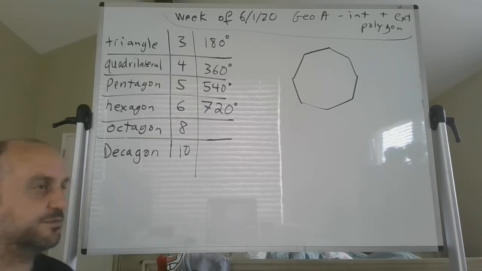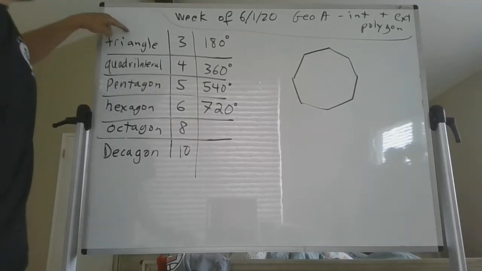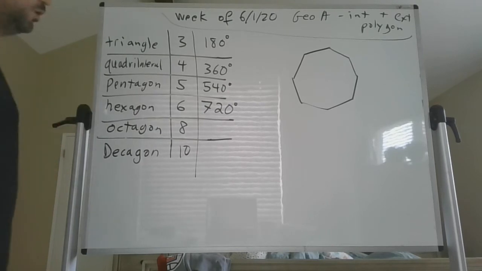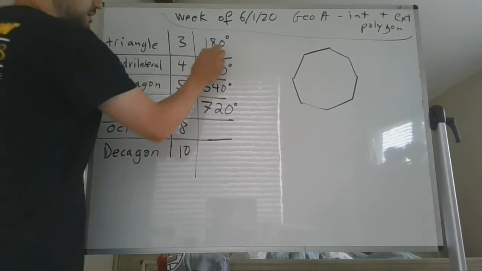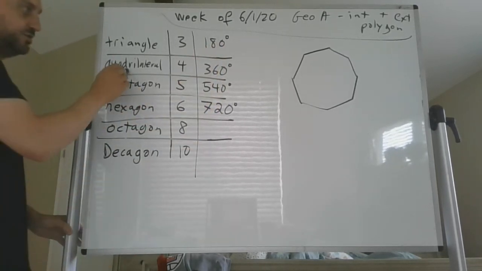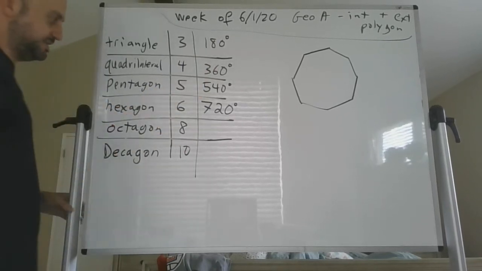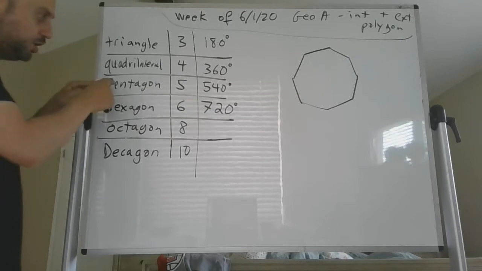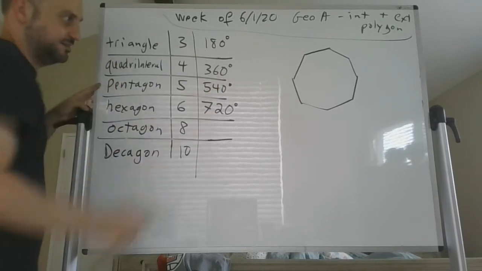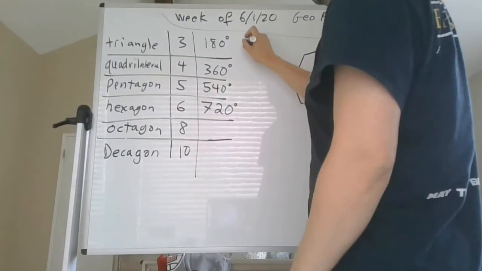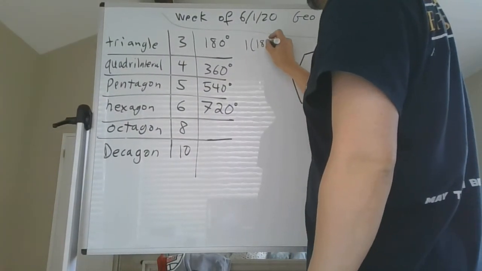Let's notice a pattern. A triangle has 3 sides, but it's only really one triangle. 1 times 180, 180. A quadrilateral had 2 triangles, and it was 360. A pentagon, when we cut it up, was 3 triangles. A triangle is only 1 triangle times 180.